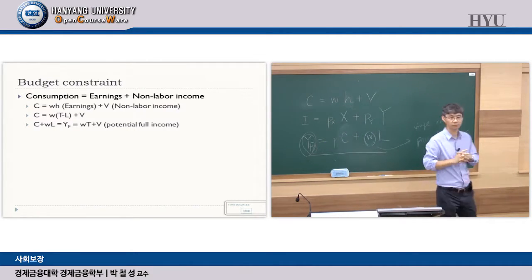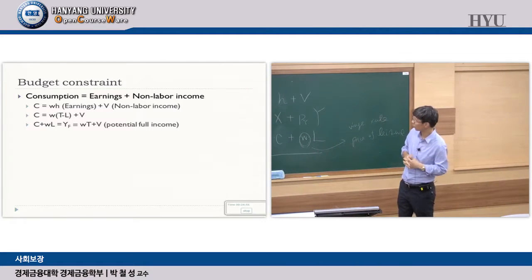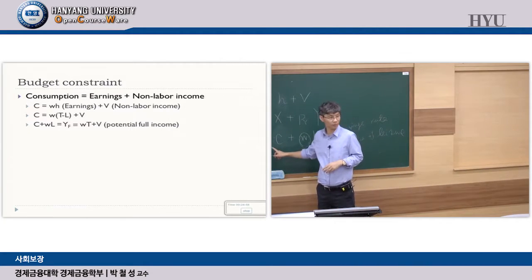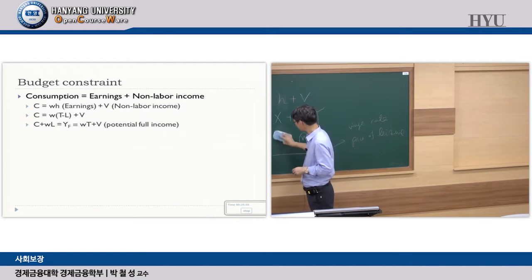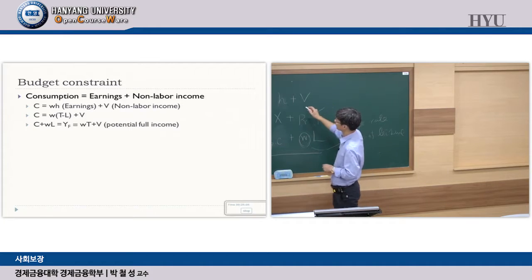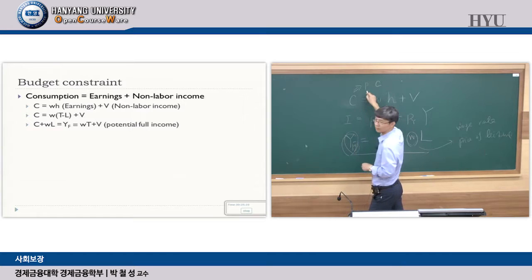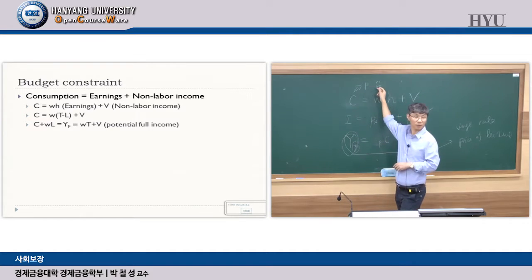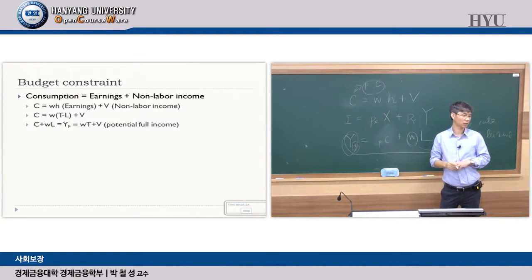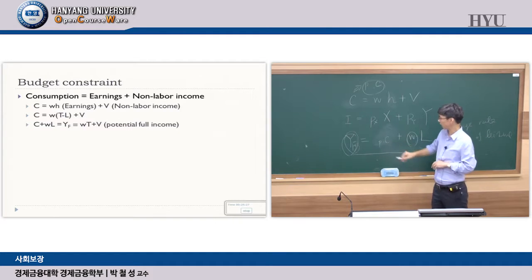Why don't you ever write the small p? Small p, you mean this one? Yeah, actually we use C only, but I was kind of sloppy. C is actually, you can think of it as PC, the price of a consumption good times C, the amount of consumption goods you consume. So that's P times C. But we just use C for the whole thing, PC.